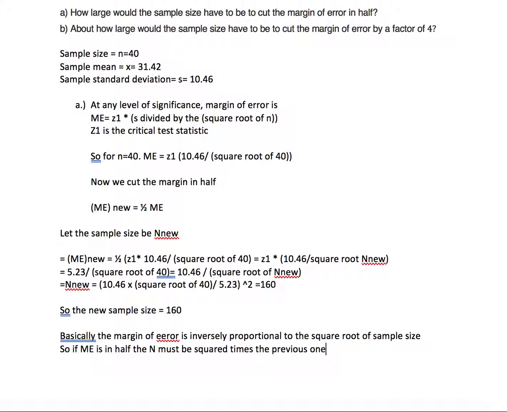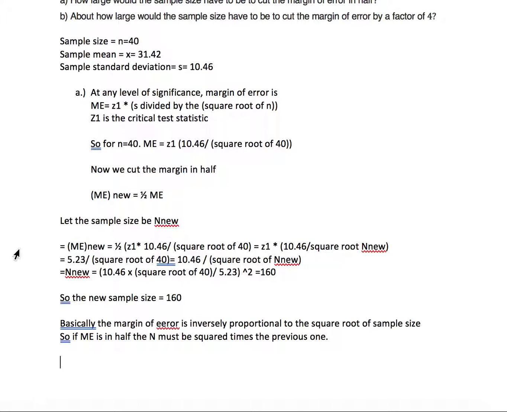Alright, maybe I can explain part B better. About how large would the sample size have to be to cut the margin of error by a factor of 4?